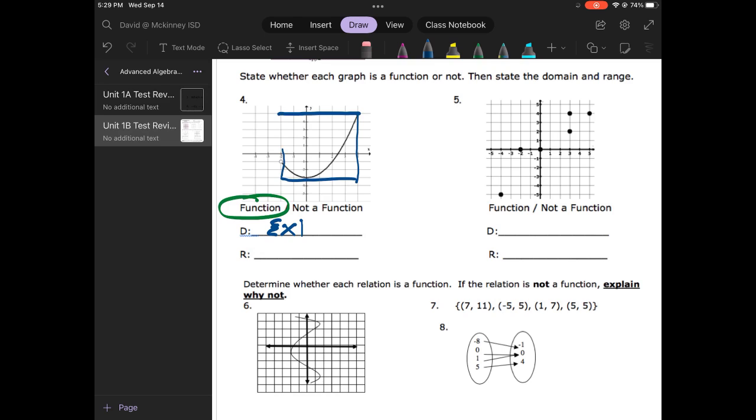Remember, by the way, that those are open circles at the end of my function. And the box allows me to see very clearly what the farthest place on the graph is on the left-hand side and how far the graph goes on the right-hand side, as well as top and bottom. In this case, I'm going to notice that the farthest it goes to the left is -3, and I will write that.